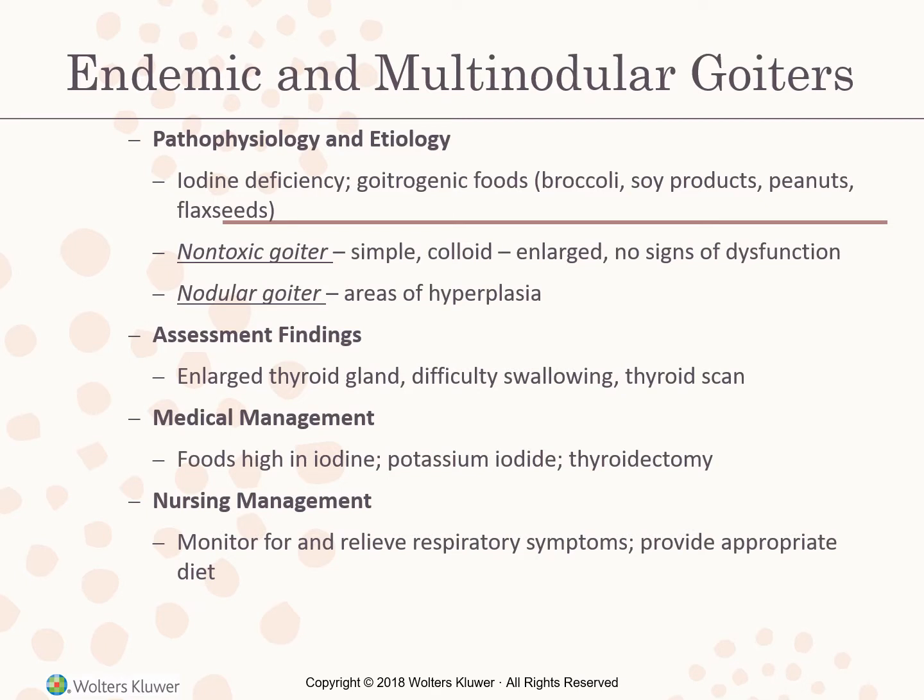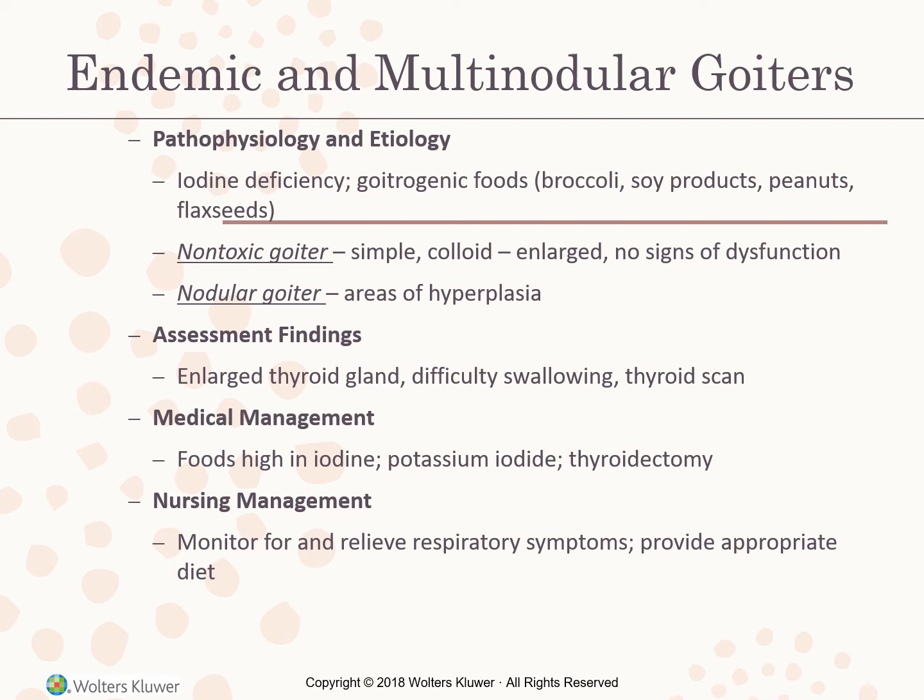When we talk about the word goiter, goiter refers to an enlarged thyroid gland. So, an endemic goiter is caused by a deficiency of iodine in the diet, by the inability of the thyroid to use iodine, or by relative iodine deficiency caused by increasing body demands for thyroid hormones.